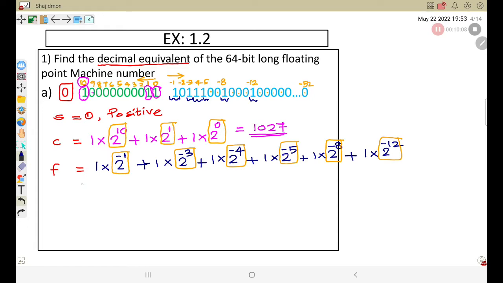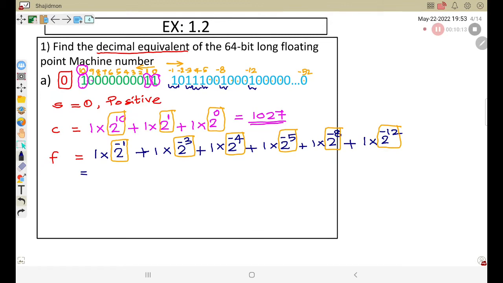Enter that number in the calculator: 2 power minus 1 plus 2 power minus 3 plus 2 power minus 4 plus 2 power minus 5 plus 2 power minus 8 plus 2 power minus 12. So that you are getting 0.7229003906. So this is the number representing the fractional part.